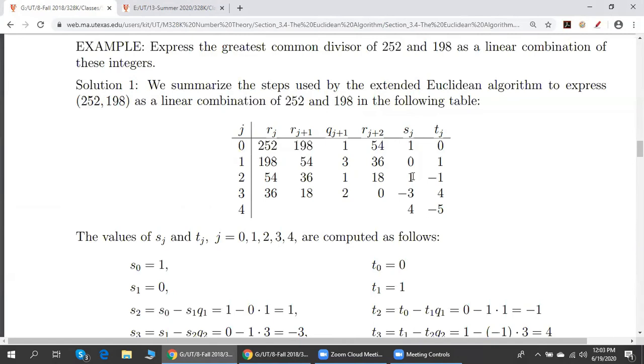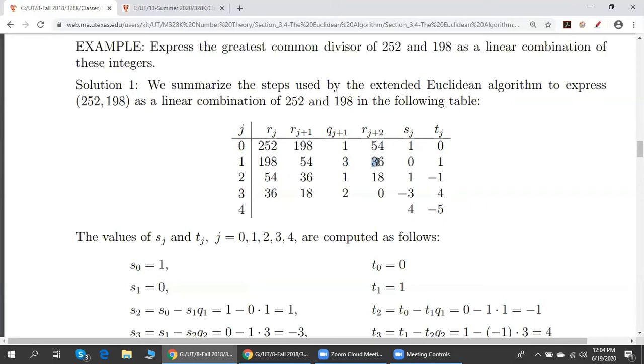Next. So we know how to come up with all these numbers in row number 1. We know how to come up with these numbers in row number 2. In order to come up with these numbers, we copy this over here, this over here, and then apply the division algorithm in order to find quotient and remainder.